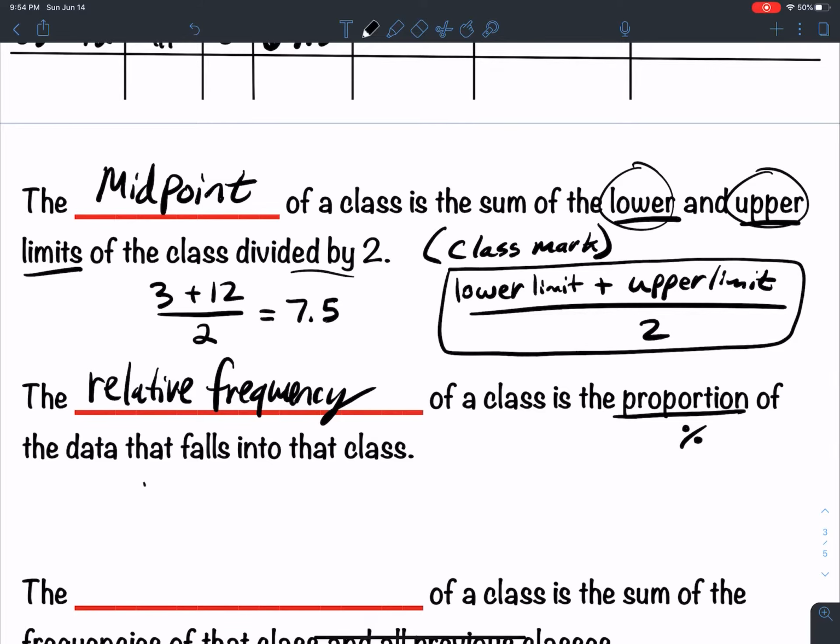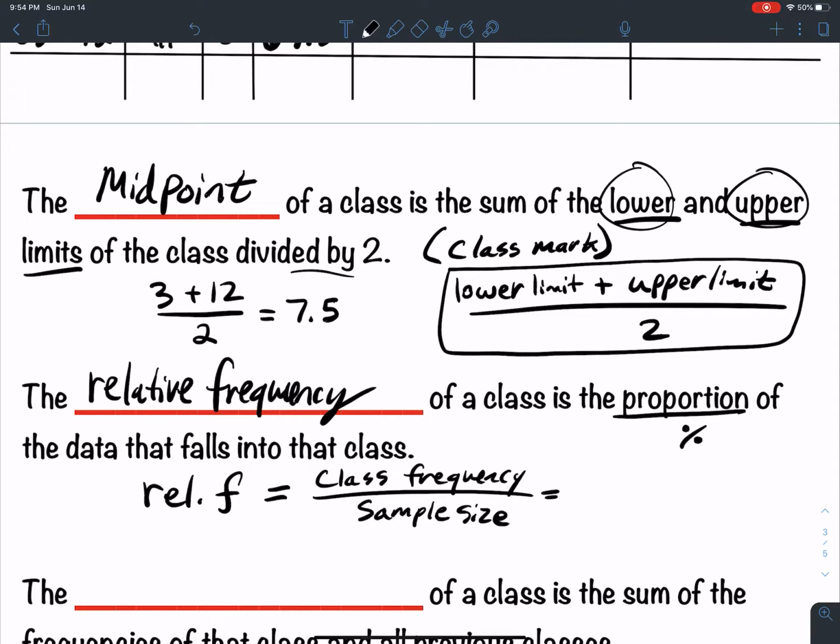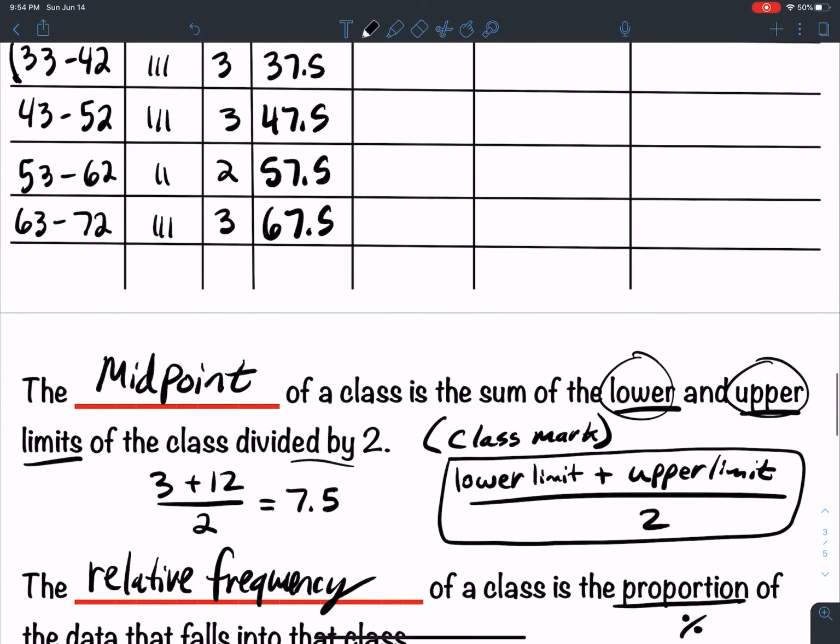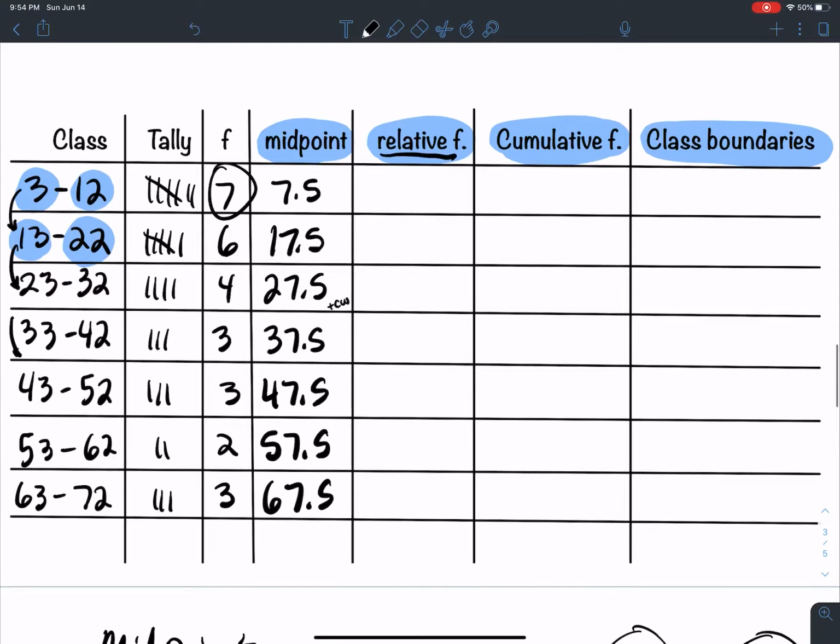So how do I calculate relative frequency? It's calculated as the class frequency divided by the sample size. And on your formula sheet, it's going to be F divided by N. Now, N, the sample size, would be found if I add up all of these frequencies right here.